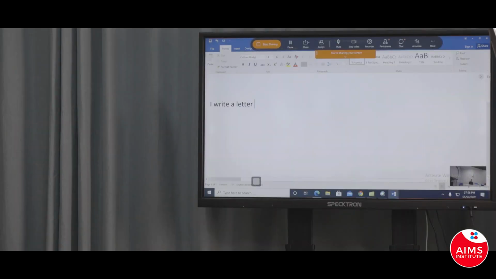I write a letter. I wrote a letter. I am writing a letter. Sorry. I will write a letter. I am writing a letter. I was writing a letter. I will be writing a letter.